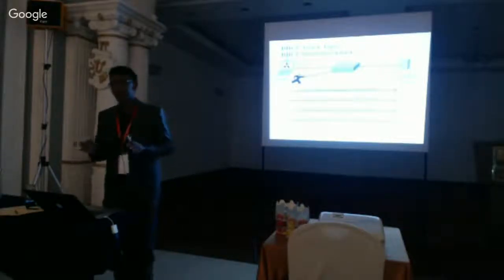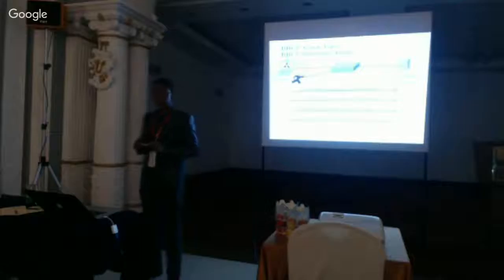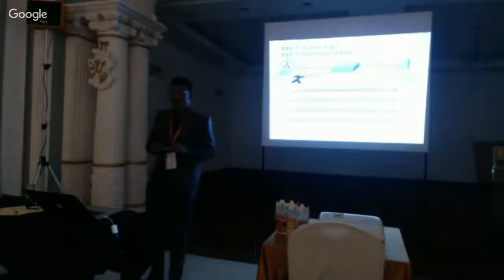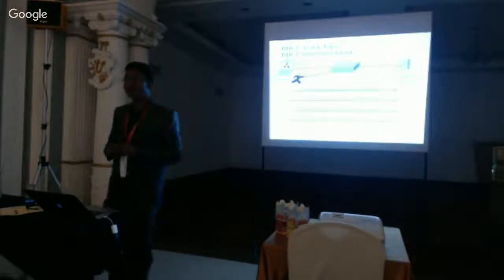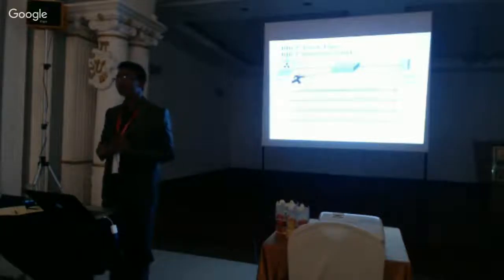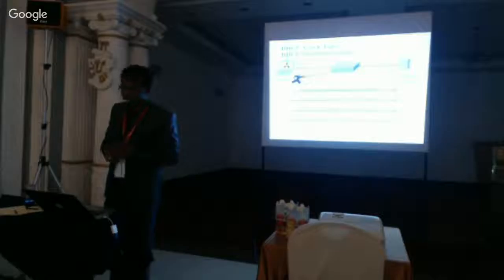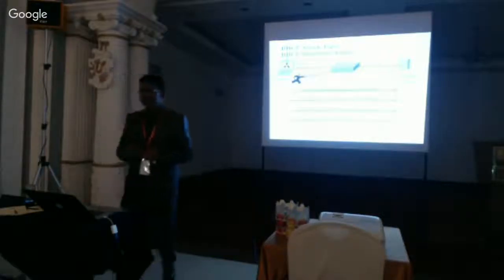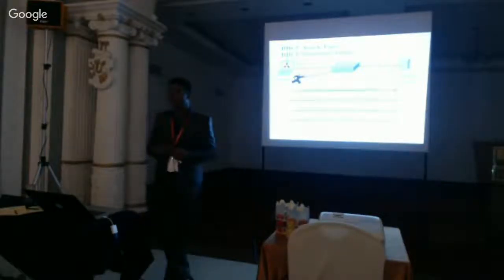There may be no remaining addresses in the DHCP server. If your legitimate client tries to request DHCP, then it will not get it. That is the DHCP starvation attack.